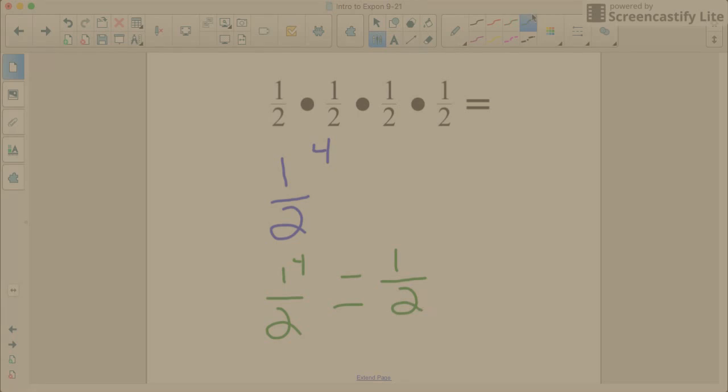Now, if I go back and I add in some parentheses around this value of 1/2, I know that that base value is 1/2, and I am multiplying 1/2 4 times.